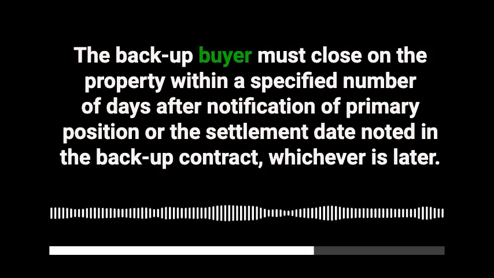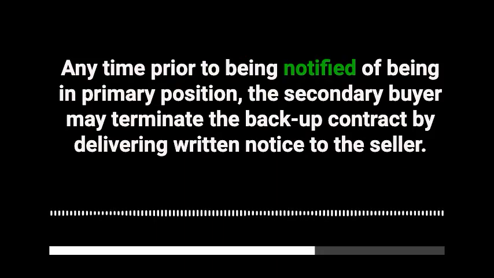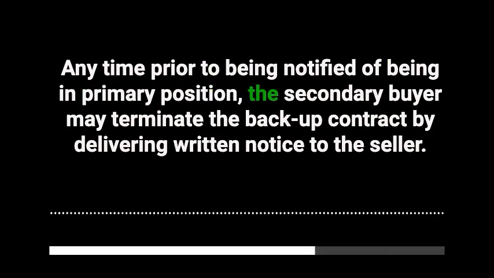The backup buyer must close on the property within a specified number of days after notification of primary position, or the settlement date noted in the backup contract, whichever is later. Any time prior to being notified of being in primary position, the secondary buyer may terminate the backup contract by delivering written notice to the seller.